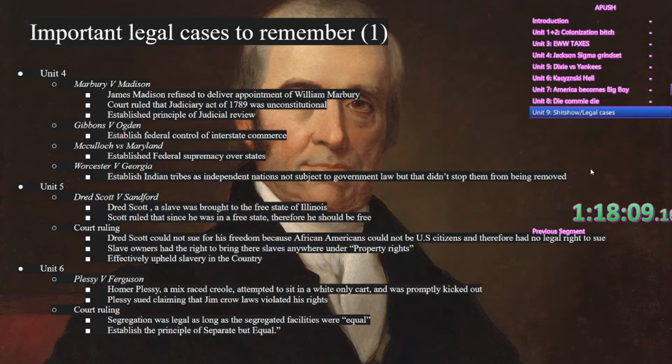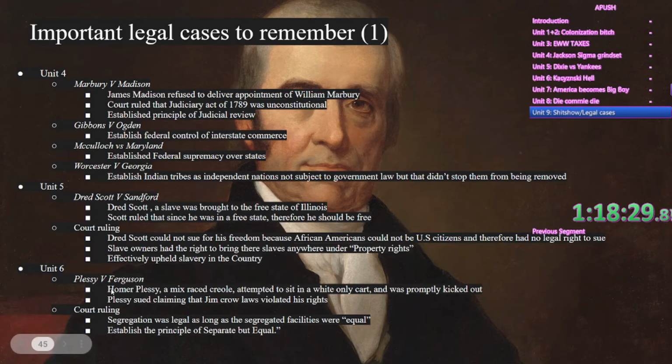Slave owners had the right to bring their slaves anywhere under property rights, and the Dred Scott ruling effectively upheld slavery in the country.